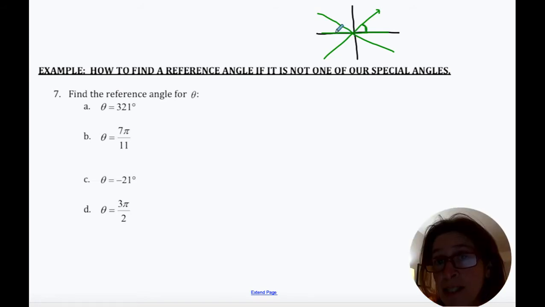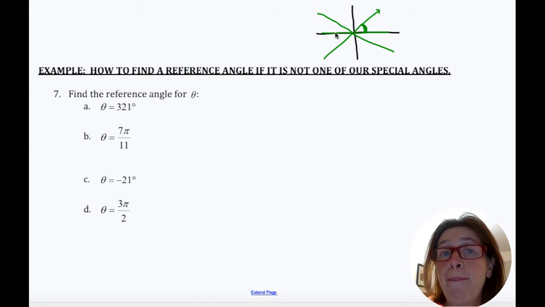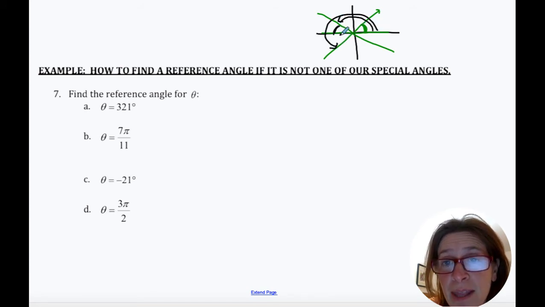So, for example, this is a reference angle, but if I give you this angle, this would be its reference angle. And if I gave you this angle, then this would be the reference angle.